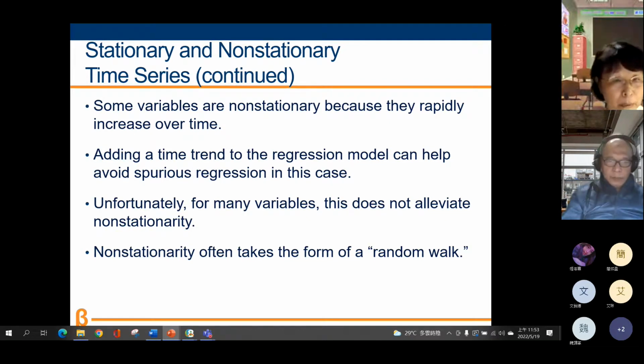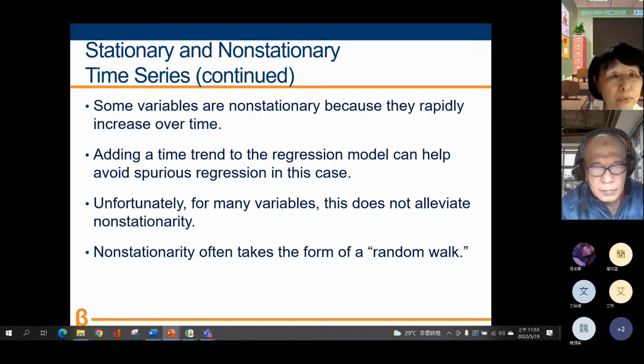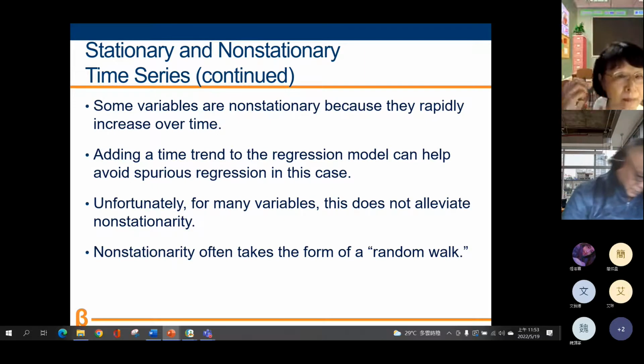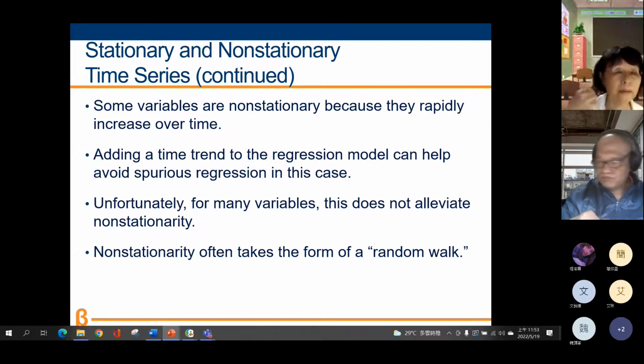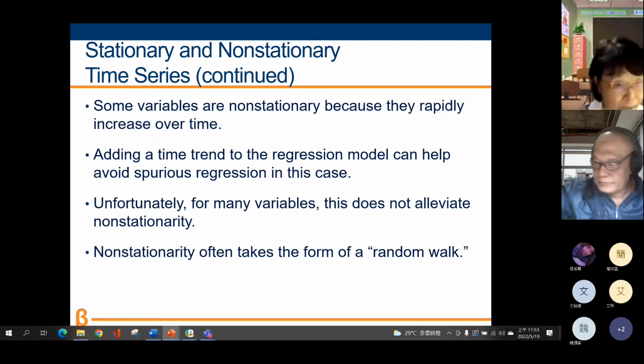For example, if I have 30 years of data, we have t from 1 to 30. So use the time variable, denoted 1 to 30, as an independent variable in the regression model, to avoid this spurious regression.